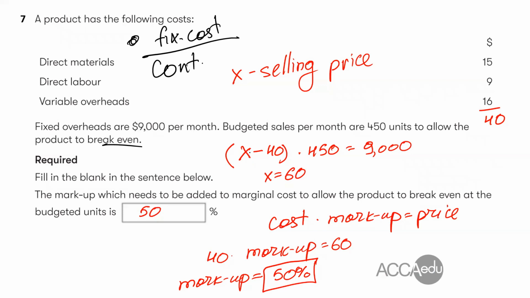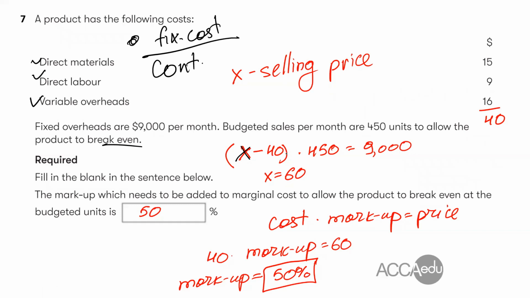So our contribution is going to be found by selling price, which we don't have any information yet, less variable costs. So direct material, direct labor, variable overheads are all variable costs. It's total $40. So selling price X less 40. This will give us a contribution.